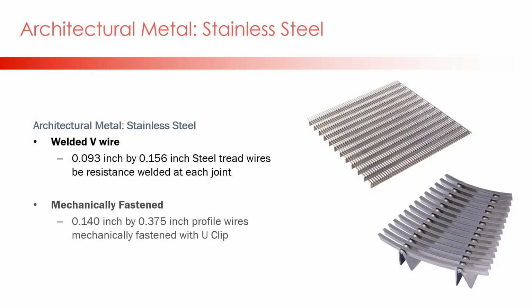Mechanically fastened products, mechanically fastened to an inverted V-wire with a U-clip. They are available in 3/4 inch and 1 1/8 inch depth. The primary difference in construction is the ability for the mechanically fastened product to be shaped in a curve.